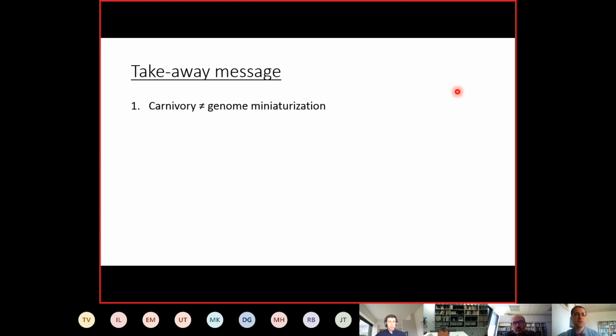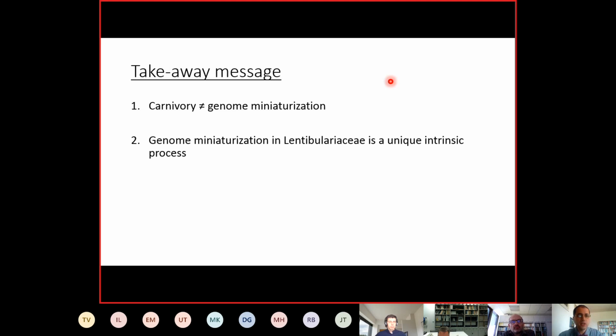My takeaway message for you is that carnivory does not include genome miniaturization automatically. The genome miniaturization in the family Lentibulariaceae is probably quite a unique and intrinsic process, possibly the mutation of the COX enzyme, but this can change.